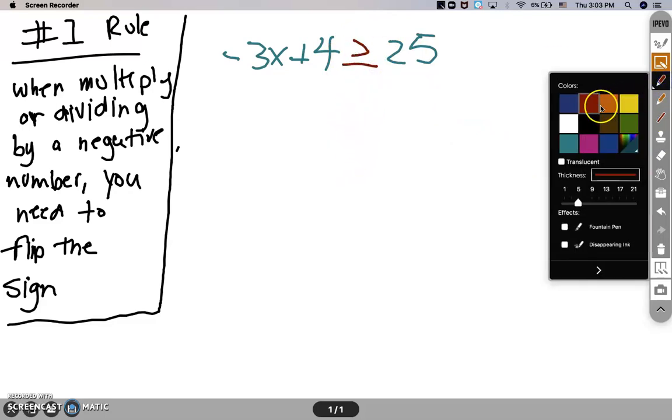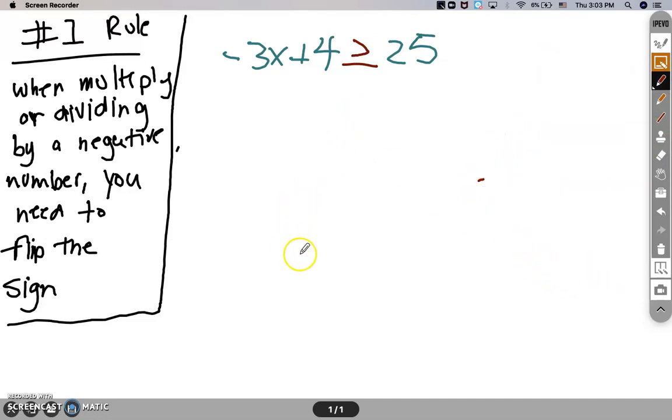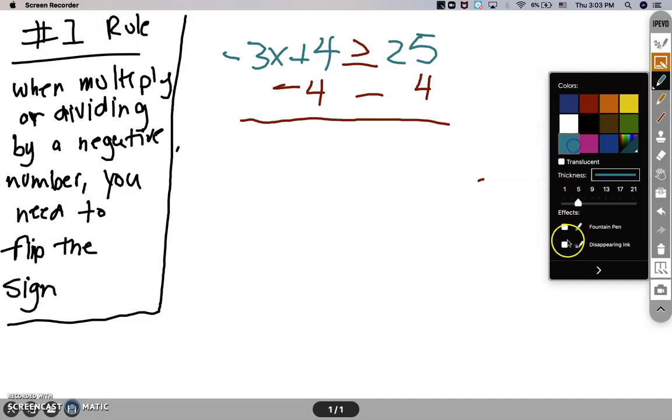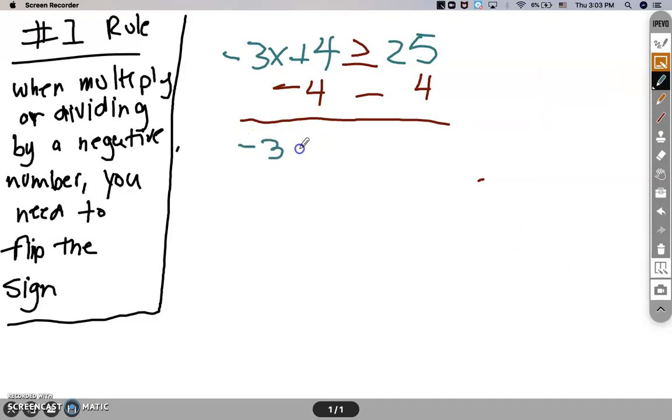We're just going to try to isolate the variable. So subtract 4 on both sides. Then I get negative 3x less than or equal to 21. Since I'm subtracting 4, it does not matter; I do not have to flip the sign.